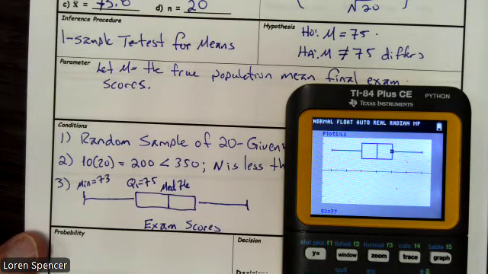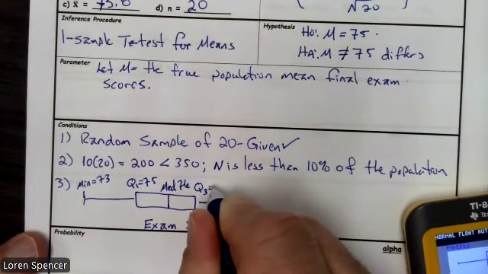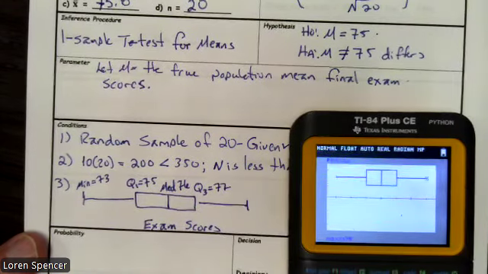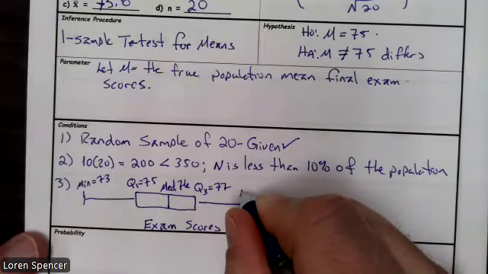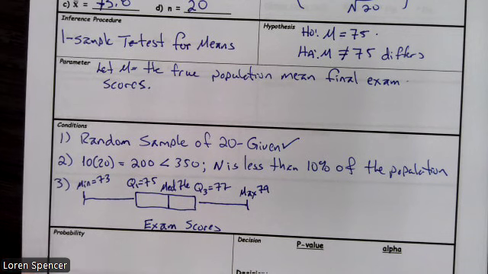Arrow 1 over. Q3, 77. And then I arrow 1 over and I have a max of 79. All right, so that's great. I did all that, but I'm still not done.